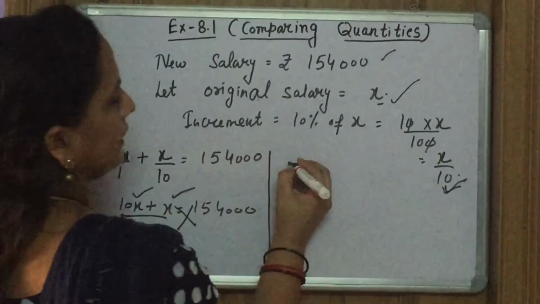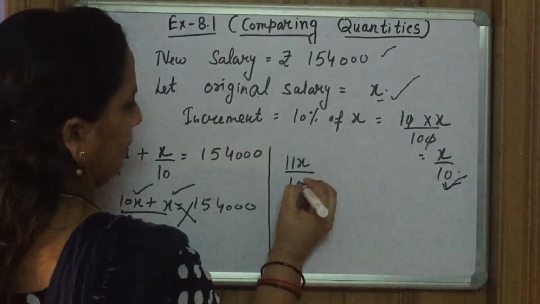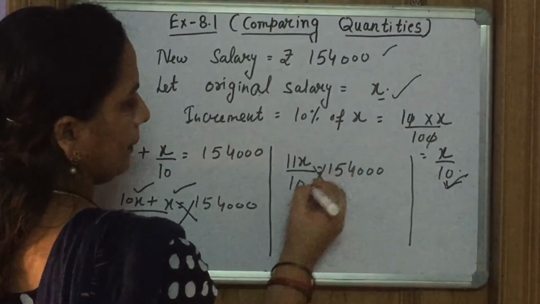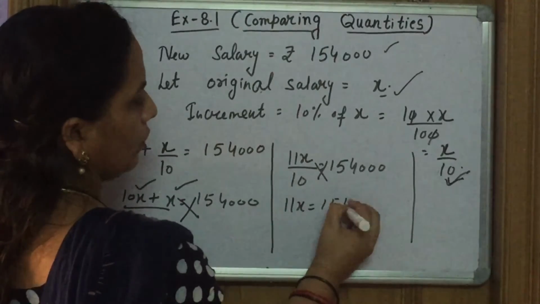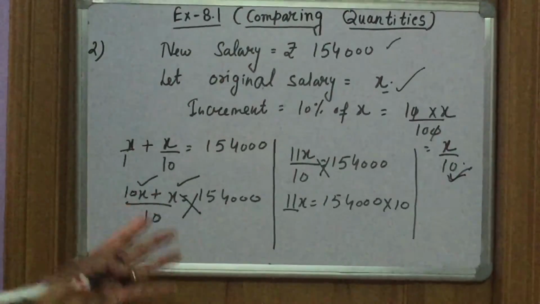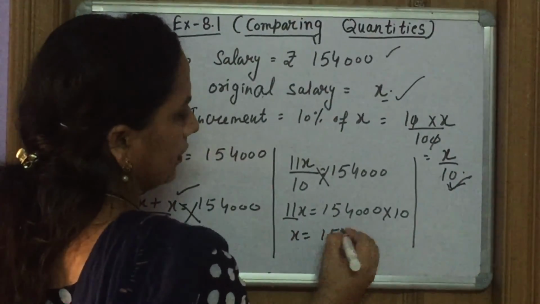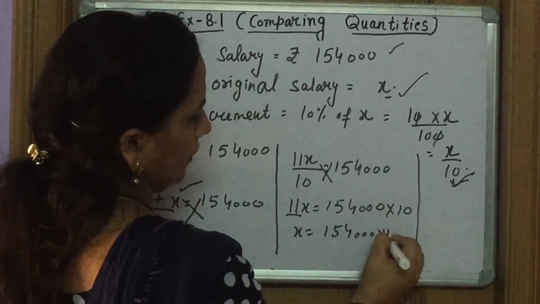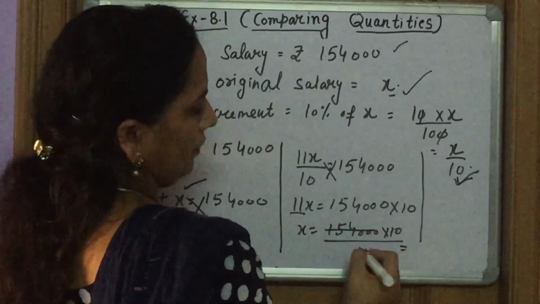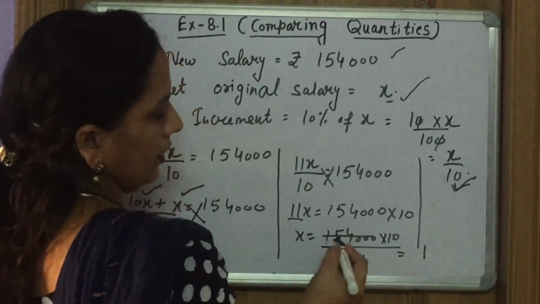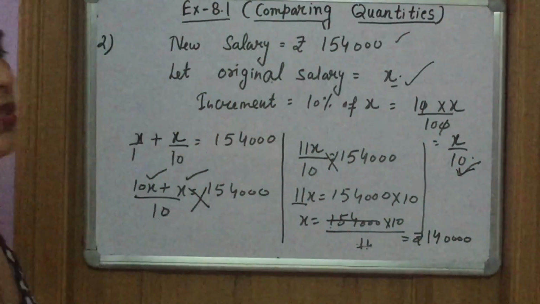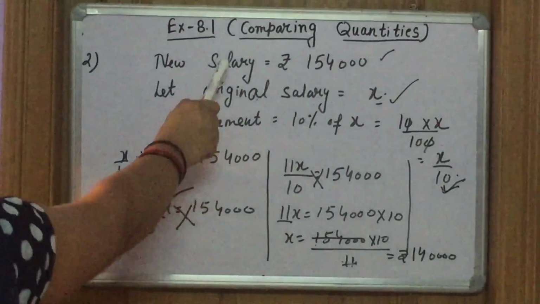So 10 and 1 is equal to 11 divided by 10, which is equal to the new salary. Cross multiply: 11x is equal to the new salary multiplied by 10. 11 is multiplied with x, so we take it to the other side. Divide the terms by 11. When we divide these two terms, we get the original salary, and this is his new salary.